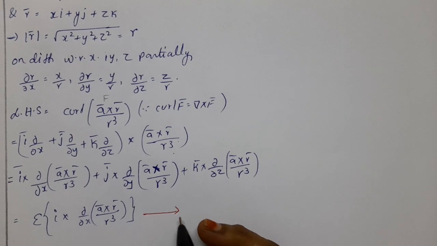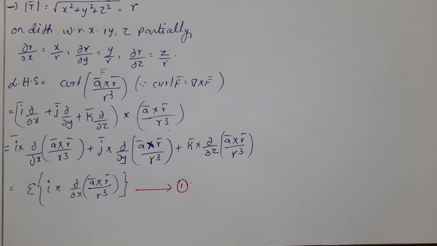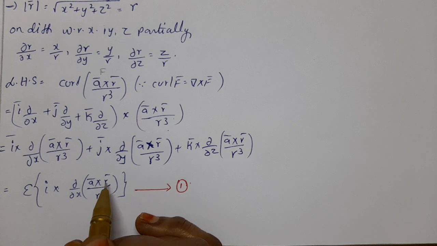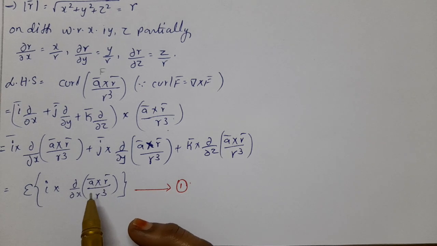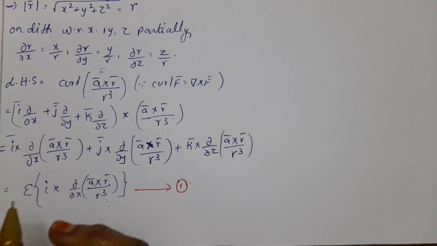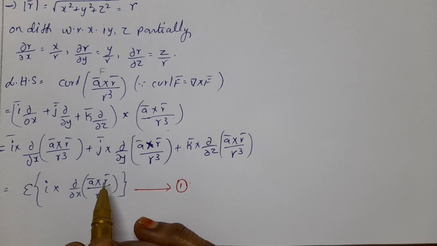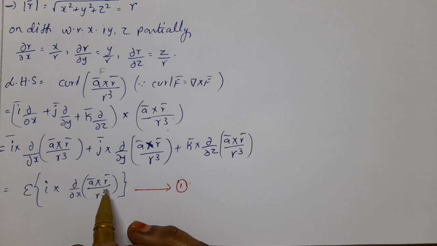This can be taken as equation 1. In this term also, first we do the partial derivative of a bar cross r bar by r cube with respect to x. After that, the i cross multiplication. So first we have to do the partial derivative of this value.